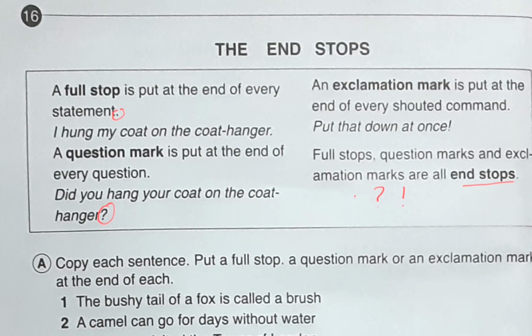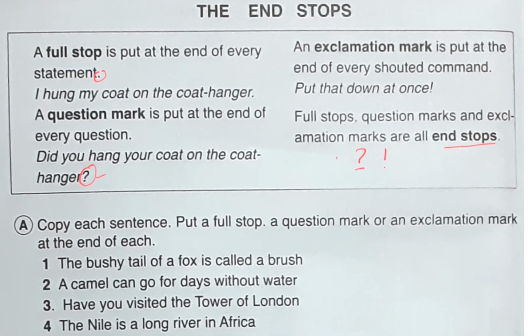If we ask a question, then a question mark. And for any shouted command, we need to use an exclamation mark. Though you will find later it has other uses, for your age you need to remember that after any shouted command we use an exclamation mark. So now here one exercise is given.